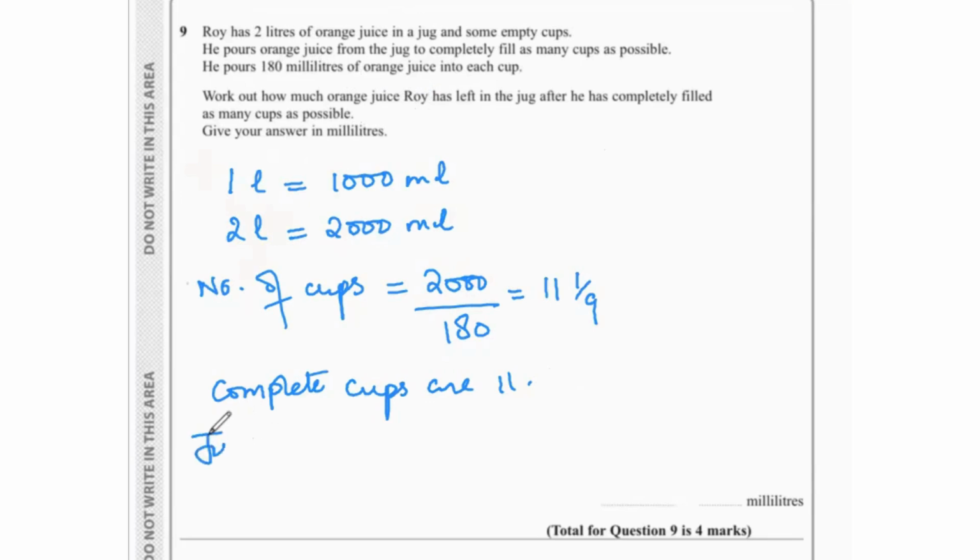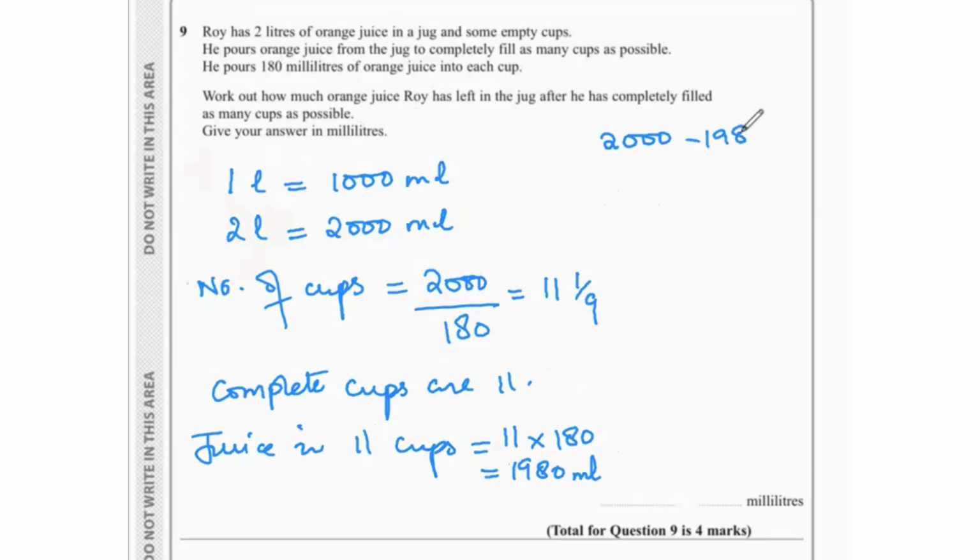So juice in 11 cups is going to be 11 times 180, which equals 1980 milliliters. So to find how much is left, we do 2000 minus 1980, which equals 20 milliliters. That's your answer.